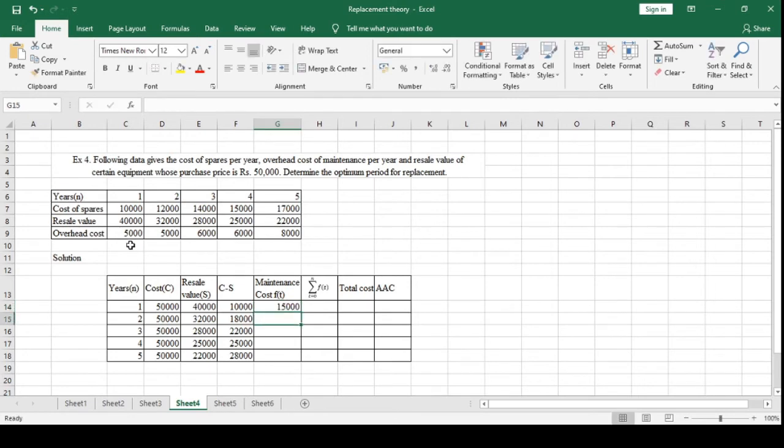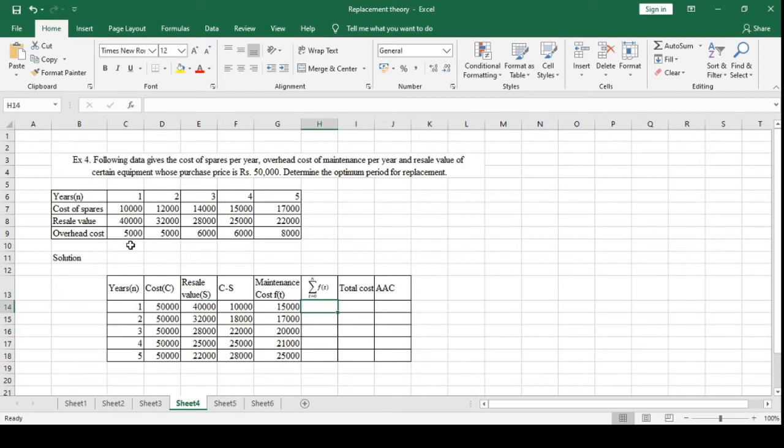Similarly for the next year 12,000 plus 5,000, so your answer will be 17,000. Similarly for the third year 14,000 plus 6,000, so your answer will be 20,000. Similarly for the fourth year 15,000 plus 6,000, that is 21,000. And for the last year 17,000 plus 8,000, so your answer will be 25,000.